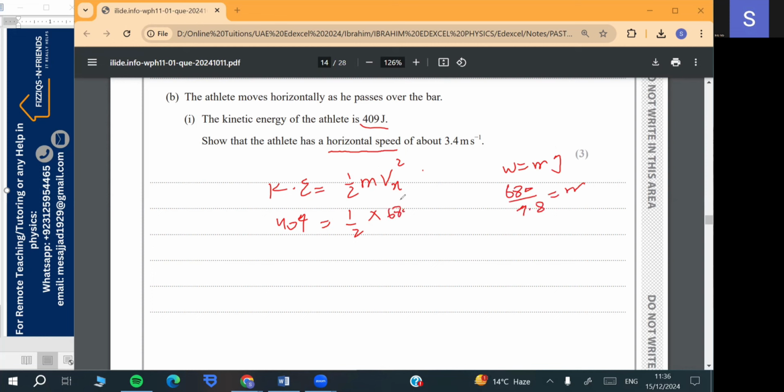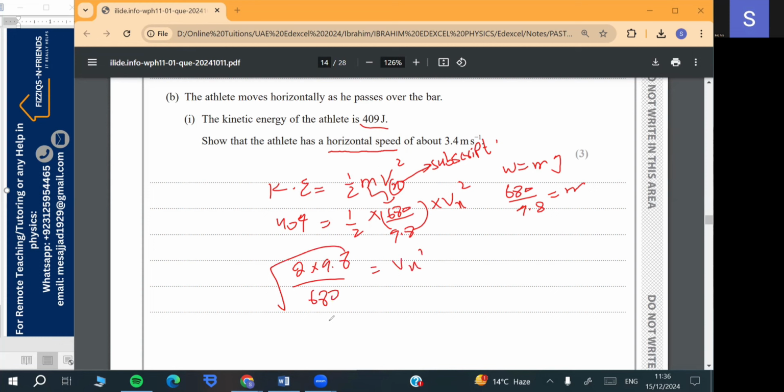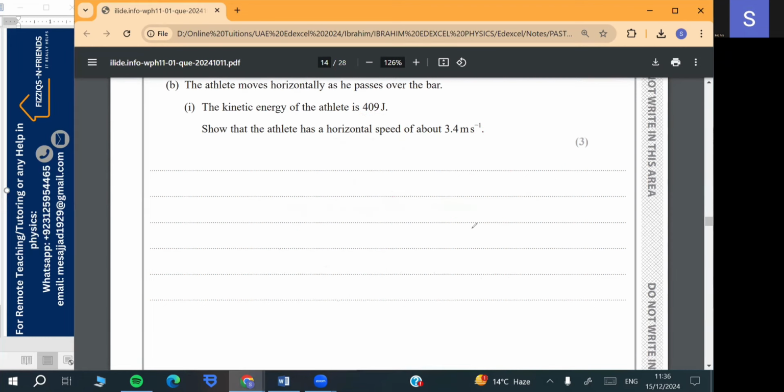So 680 over 9.8 is the mass, and this is the speed. This x is the subscript. It is not something that we need to multiply or divide. So 2 into 409 over the mass, all under root. So the answer is going to be 3.42. This is how you find the horizontal component of the speed, as they said.